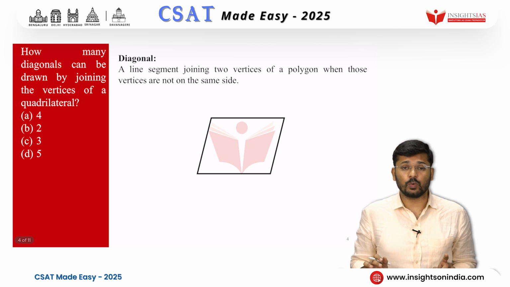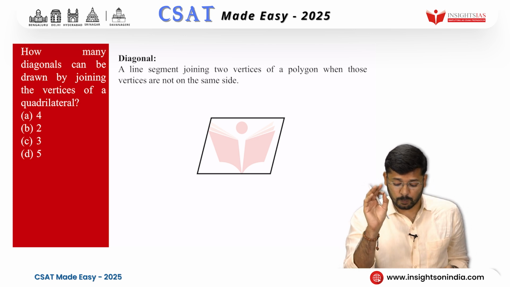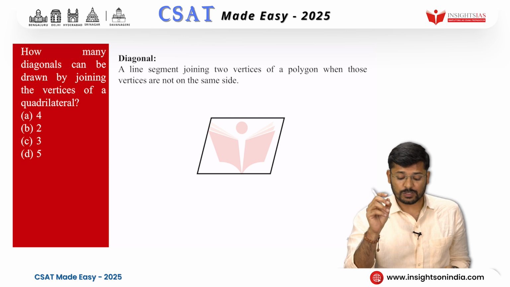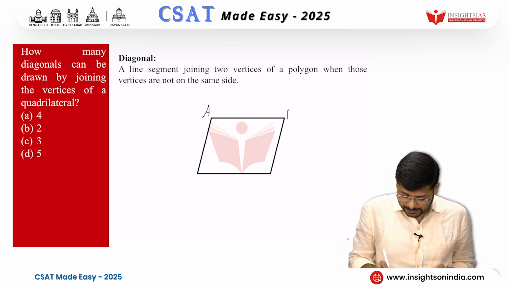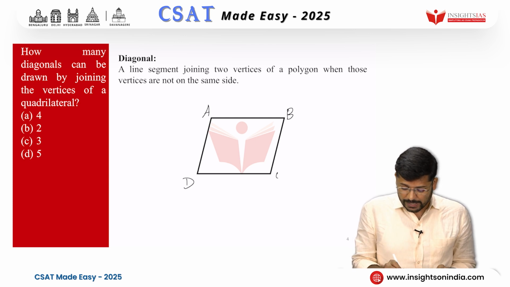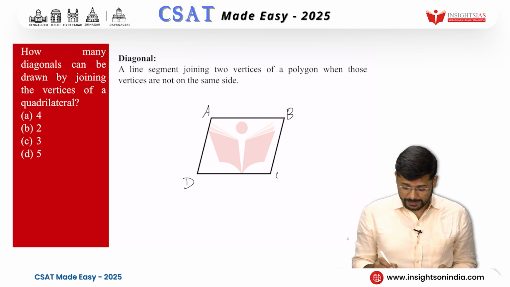Let's get back to the question. A diagonal is a line segment joining 2 vertices of a polygon when those 2 vertices are not on the same side. For example, let's give these vertices names A, B, C and D. There is already a line between A and B. It forms a part of the quadrilateral.